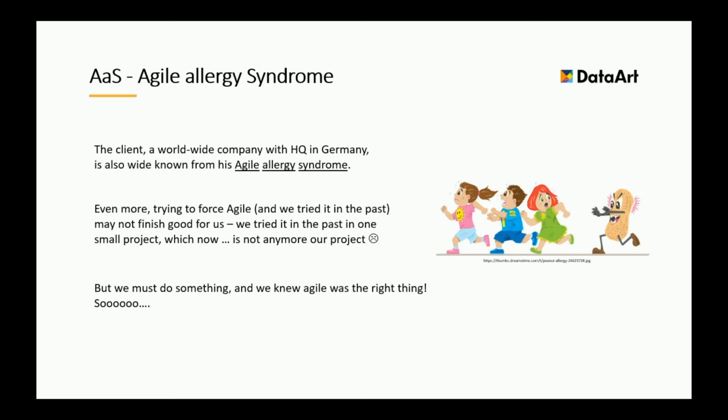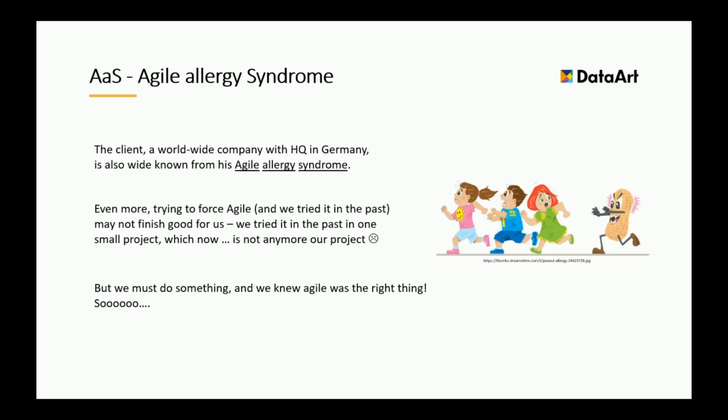And our company even tried to do it in the past, and we forced the client to do so, and the project in which we did so was not our project anymore. We lost it because of that. So there was also no good chemistry on our side to do so. A pretty sad situation.